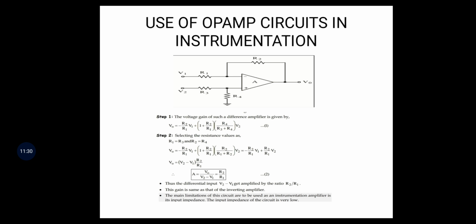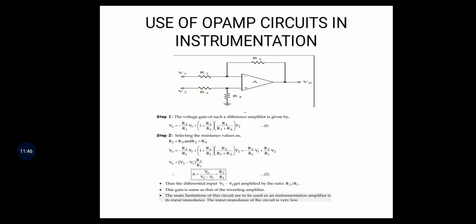If V1 is absent and V2 is present, then the output voltage is 1 plus R2 by R1 into R4 by R3 plus R4 into V2.